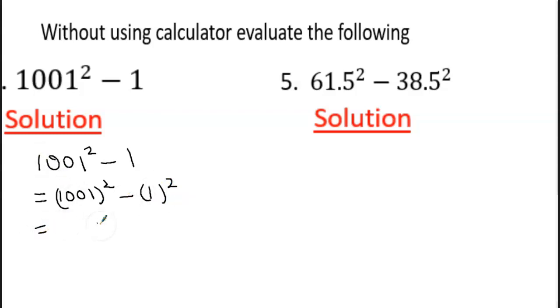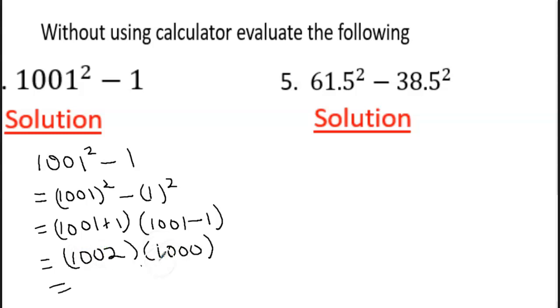Yes, you don't have to use the calculator straightforward. So by using difference of two squares, you have 1001 plus 1 in one bracket times 1001 minus 1. So 1001 plus 1, we're going to get 1002. This is 1000. At this point, you can use the calculator to have 1,002,000.